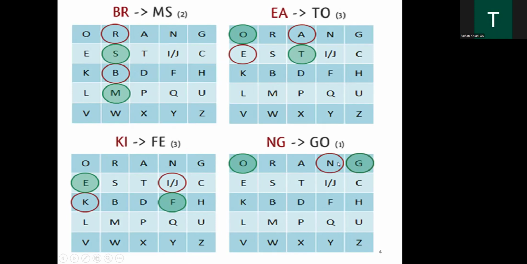So if we take N, right of it is G. And if we take G, then in the circular form, O is the next character, which is lying right of G. So our answer will become GO. So if we simply write our plain text as BREAKING, our ciphertext will become MS, TO, FE, and GO. This is how we have to make the ciphertext out of the plain text and the keyword.